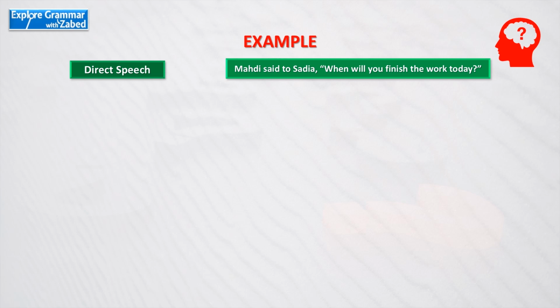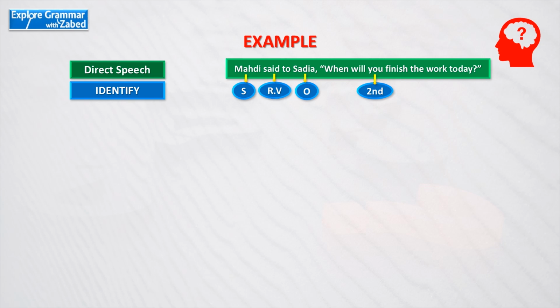Let's apply the 8-step formula here. Step 1 is to identify. Here, Mahdi is the subject, Sadia is the object. The subject of the reported speech is given in second person, you. Said is the reporting verb. As the reporting verb is given in past form, we need to check the tense of the reported speech.